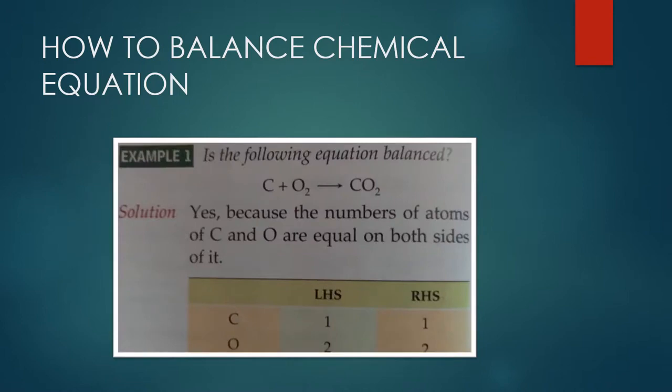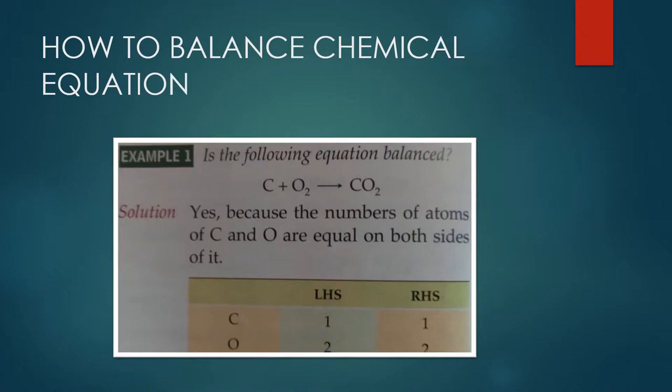Now we will take one example to know how to balance a chemical equation. You know, carbon when burnt in a sufficient supply of oxygen gives carbon dioxide. So we can write the skeleton of this chemical equation as C plus O2 gives CO2. Is it balanced?